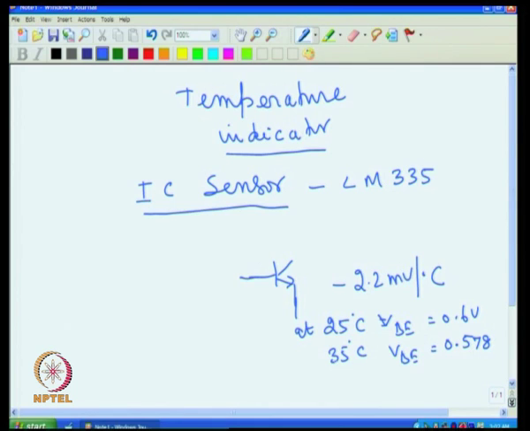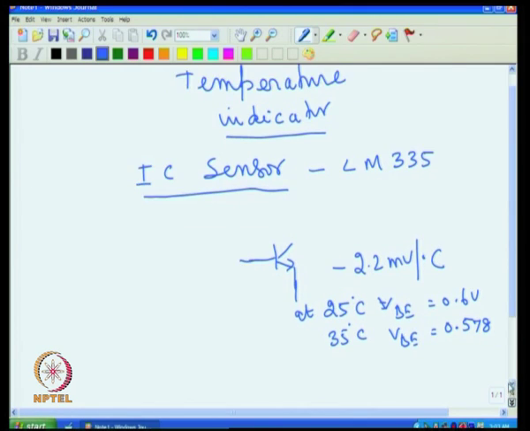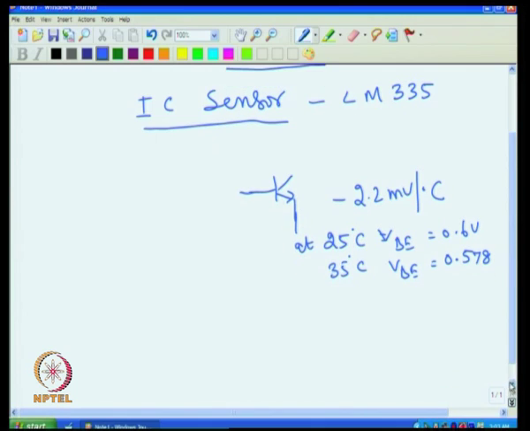So it becomes 0.578 volt; 22 millivolt is decreased for a 10 degree temperature rise. So, using this transistor base emitter voltage change as a basic element, they developed this IC sensor LM335, and LM335 is today available for us to use in this form.